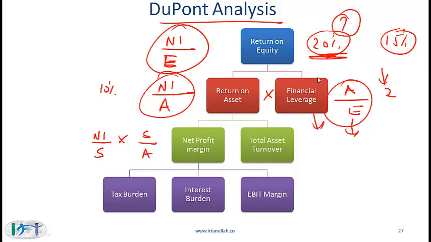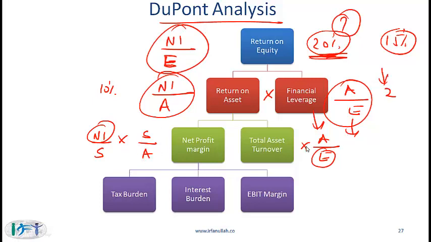This has not been decomposed, so this is still assets over equity. Now, if you multiply these three ratios, you notice that again you are left with net income over equity, because sales and sales cancel, assets and assets cancel.